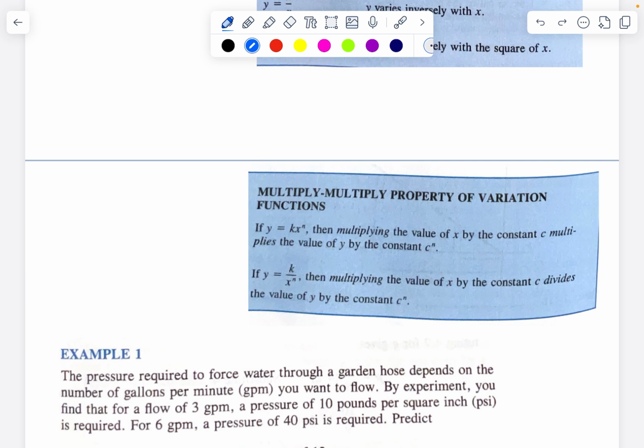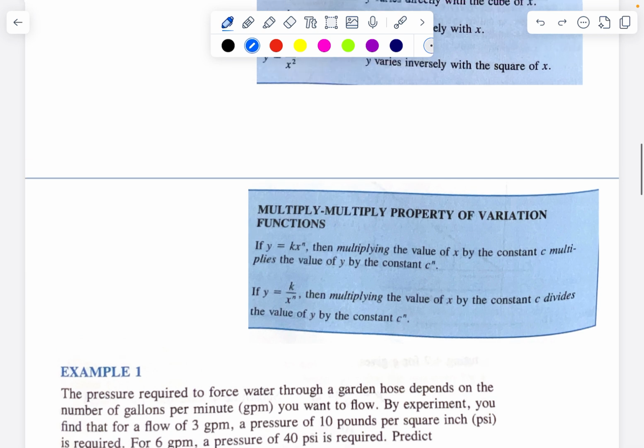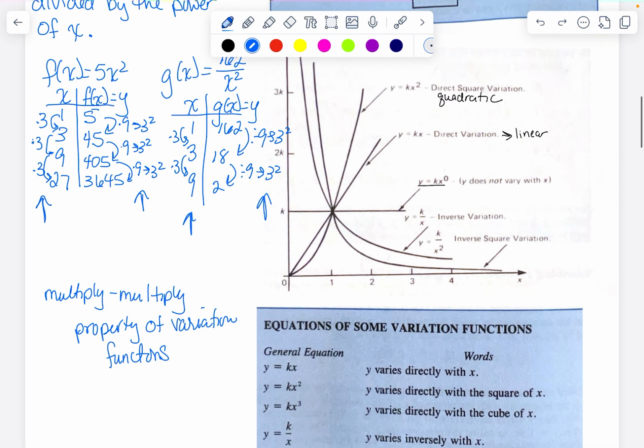So in the example I just showed you, it was squared. So if we multiplied, and I'm going to scroll up so you can see, when we multiplied x by 3, our constant was 3. So then our multiply property says we will multiply by 3 squared, that same constant to the power in the equation, which is right up here. And the inverse is true as well.